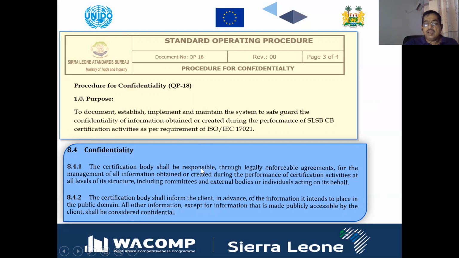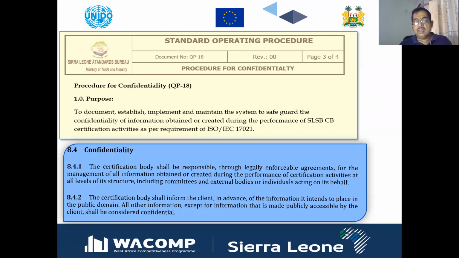The certification body shall be responsible through legally enforceable agreement. You have to sign the agreement between auditors, between your own employees, those who are with respect to this management system certification body.